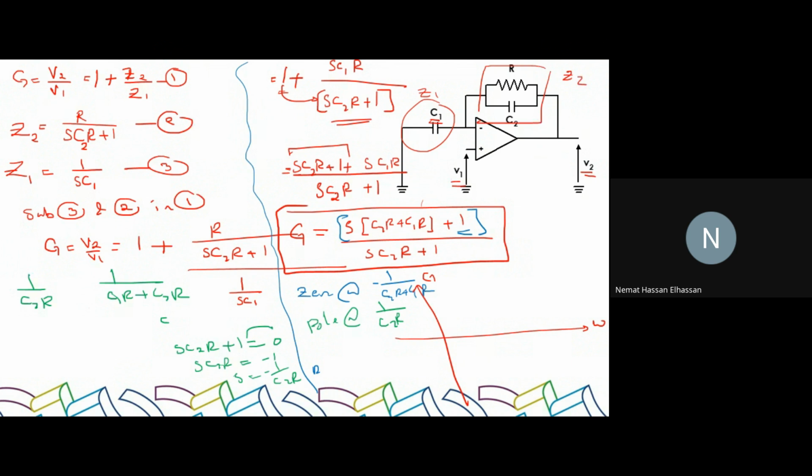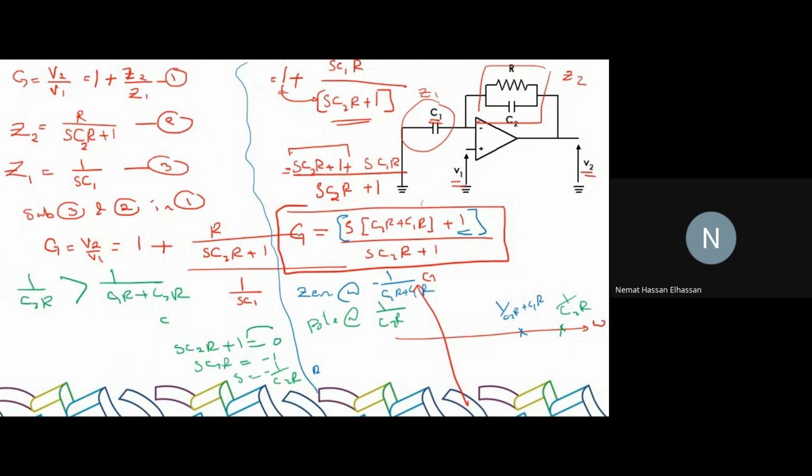This one is larger. المقام لما يكون أكبر الكسر كلي بيبقى قيمته أقل، يعني 1 على 4 أكبر من 1 على 5 صح؟ فإذا 1 over C2R is larger than 1 over C2 plus C1R صح؟ So let's assume that 1 over C2R is here and the other one, 1 over C2R plus C1R, will be somewhere less than it.